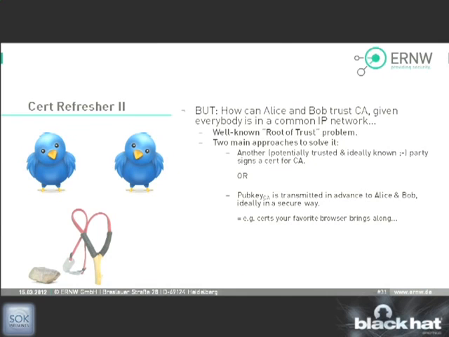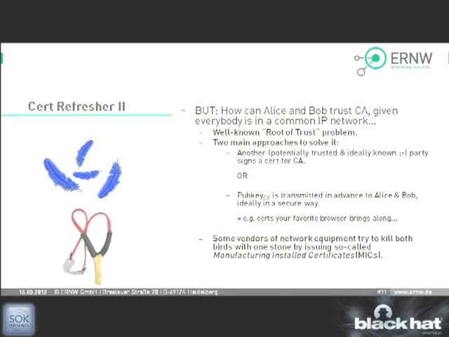There is a number of network equipment vendors which try to solve both problems with one stone, kind of, by using so-called manufacturing installed certificates. Those are certificates which are brought onto network devices during the manufacturing process, which means once the devices are shipped, first they have a certificate, which is good as they can start doing, for example, certificate-based IPsec immediately.